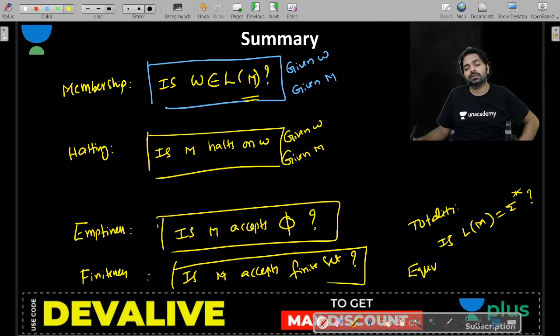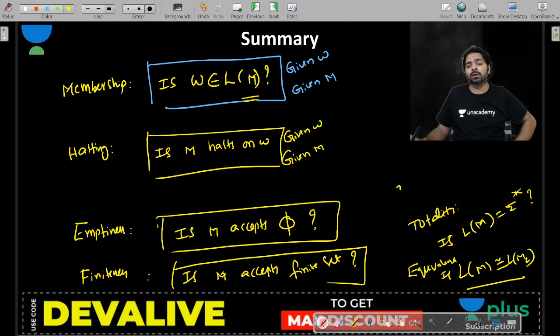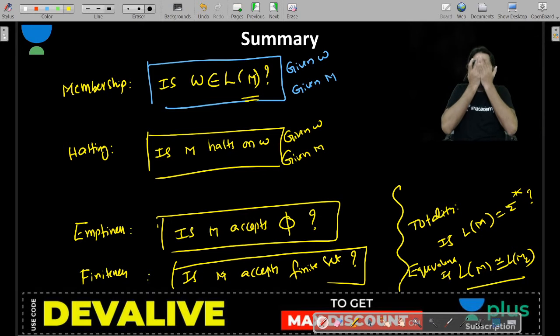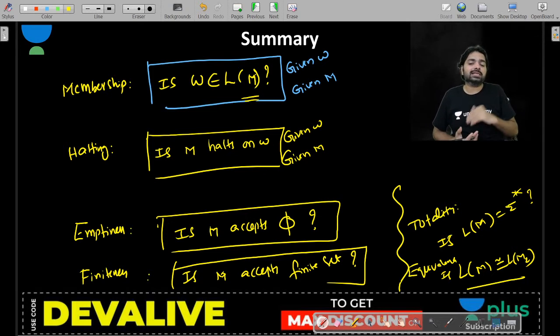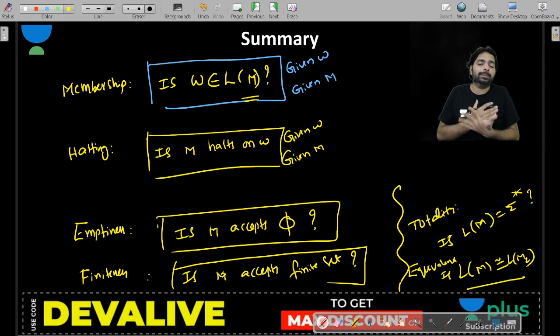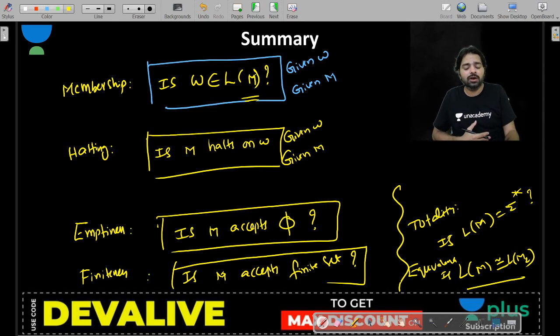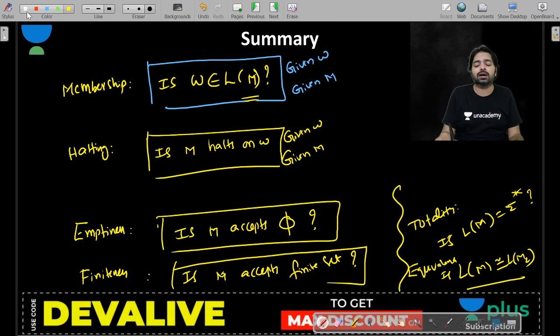And what else is there in the list? Equivalence. Is L of M equivalent to L of M2? Whether they are decidable or not, tomorrow we are going to start from here, guys. For finite automata, PDA, DPDA, Turing machine, halting Turing machine, for all of them, these problems will be discussed, and more problems also. Before leaving this session, do not forget to like the session.